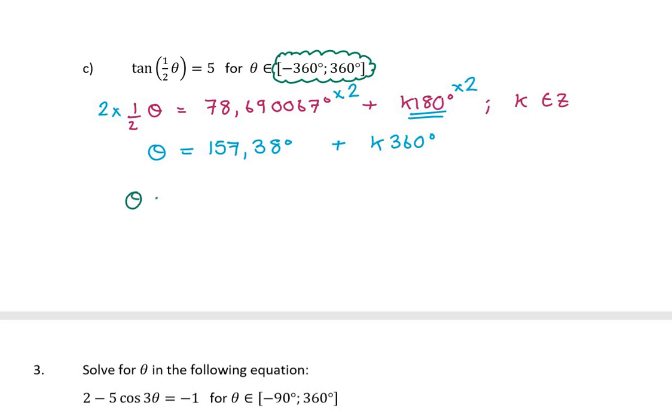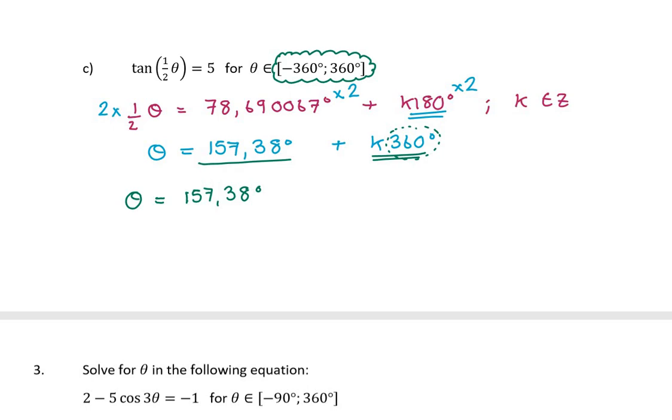So what we do is we start with the original. Is 157,38 acceptable? Yes, it is. And so I write it down. Now I pretty much know if I add 360, I'll get way over 360. So that's not going to work out. Why am I adding 360? Because always just be careful in case they said I'm allowed to add k360. If that was k90, then I'd be adding 90.